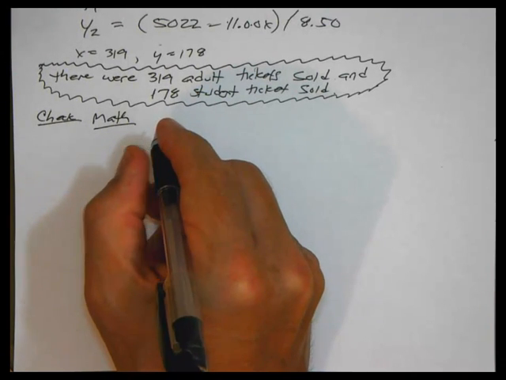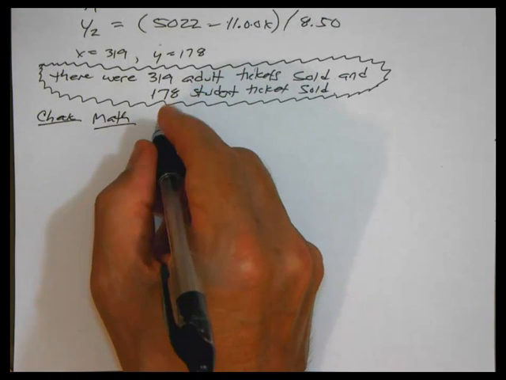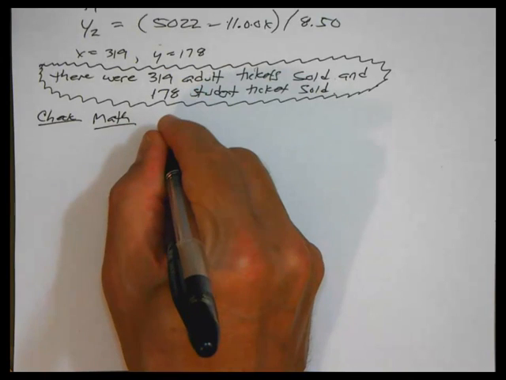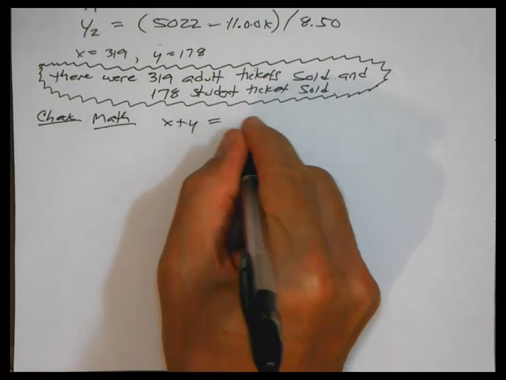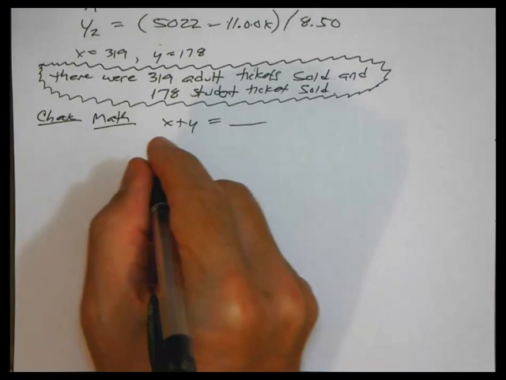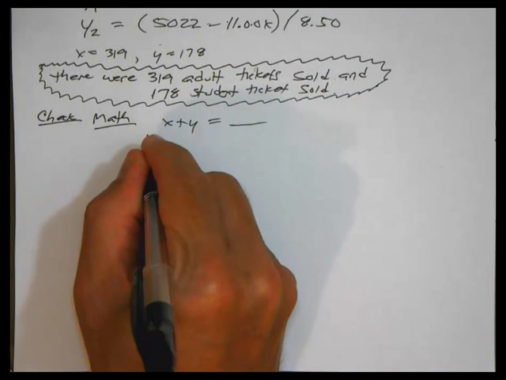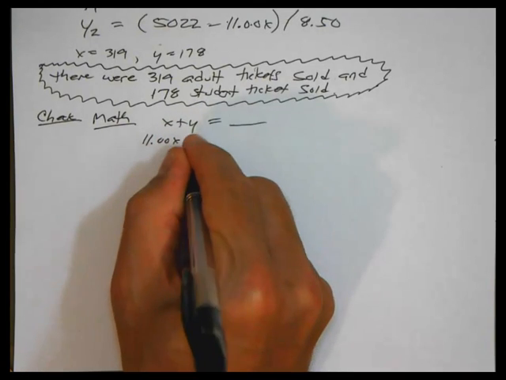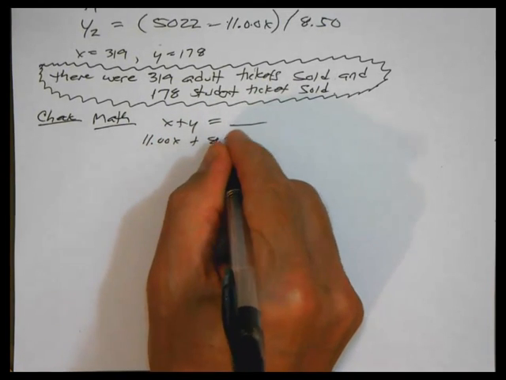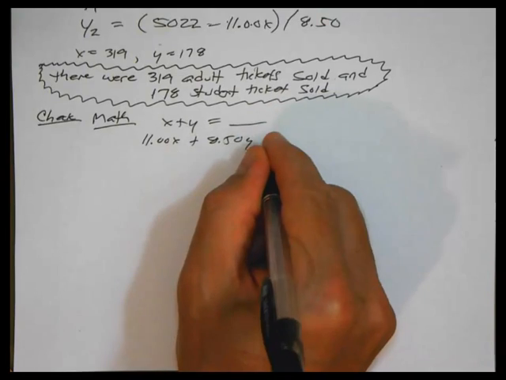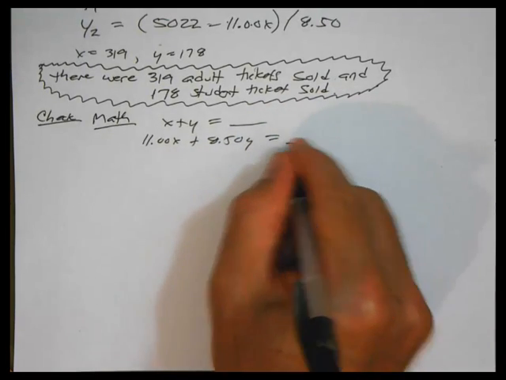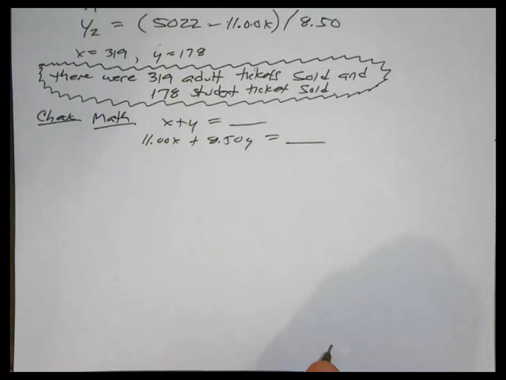So going back to the original, let's take the left-hand side of equation 1, that's x plus y, and see what the calculator gets there. And the second equation, its left-hand side was 11.00x plus 8.50y. Let's see if we can get the original right-hand side there.